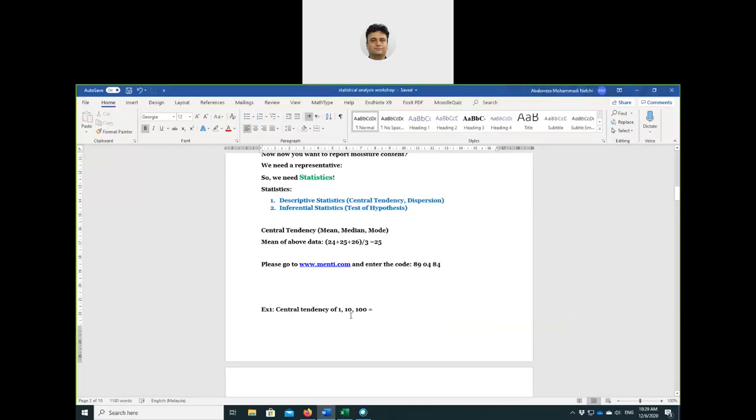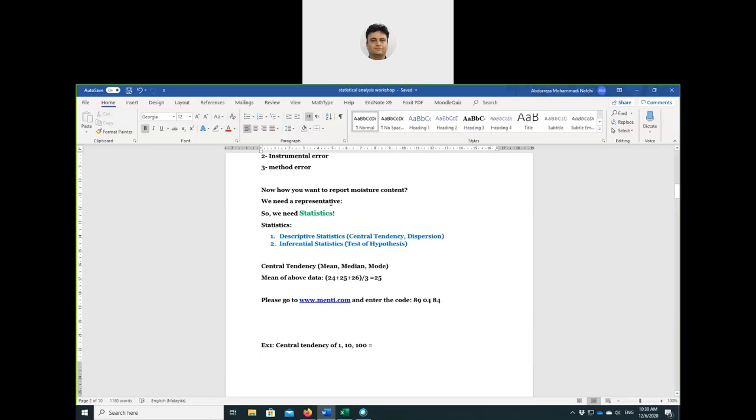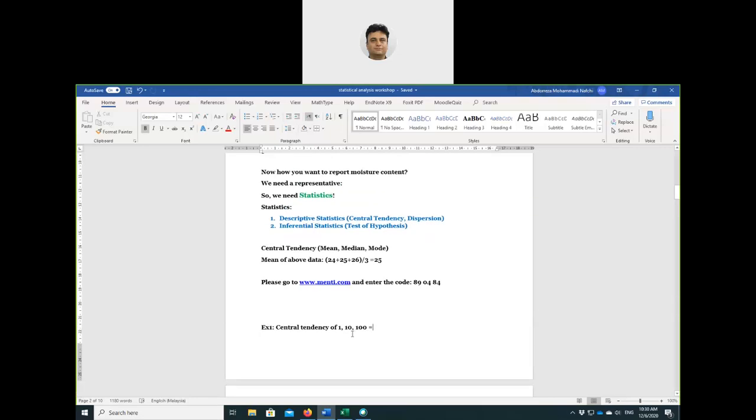Most of you mentioned that it's 37. Here, when you want to choose a central tendency, we are looking for a representative. Do you think that 37 is representative of this data?